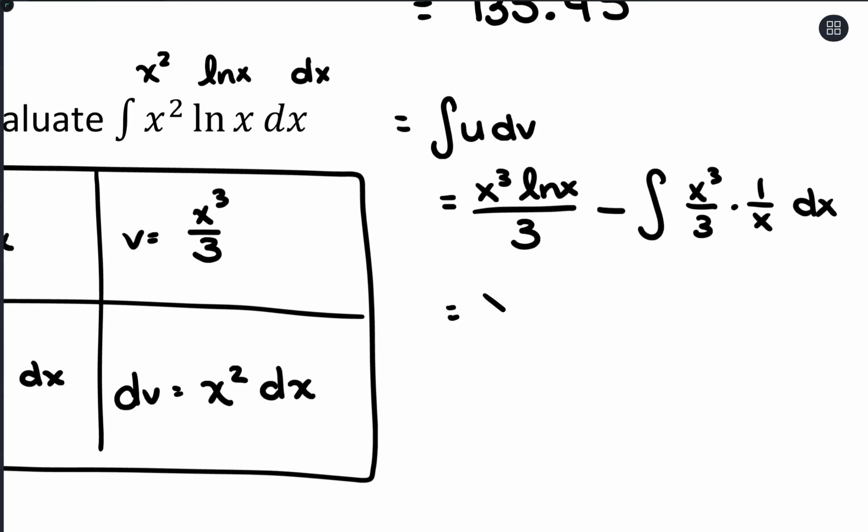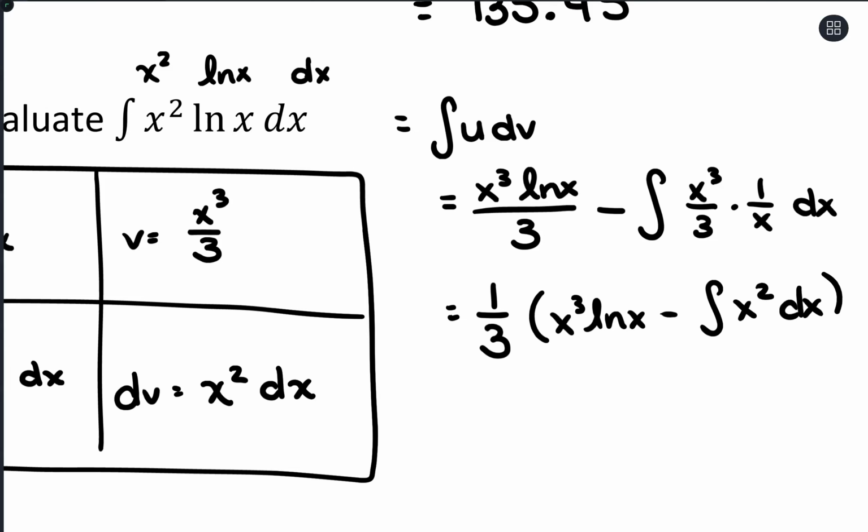So with this, I'm just going to get that 1/3 out of there, get rid of that denominator of 3. So I'm going to factor out a 1/3, which leaves me with x cubed natural log x minus the antiderivative of x cubed times 1 over x, which is just x squared dx.